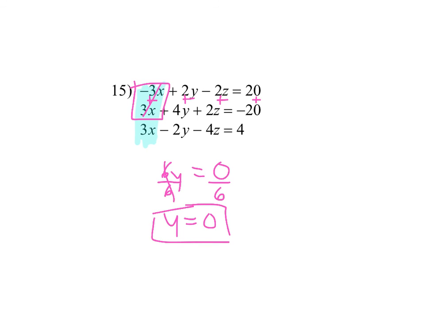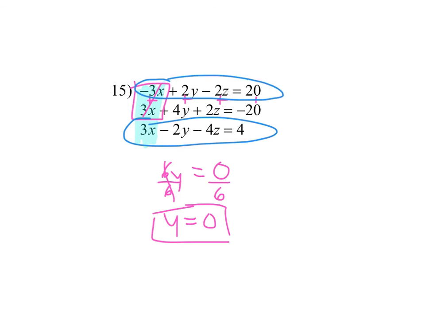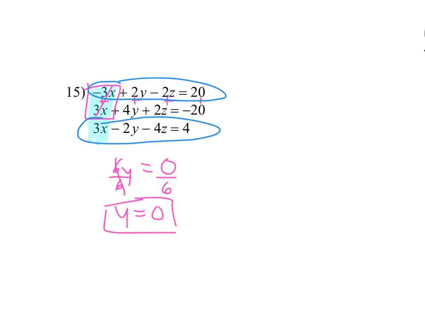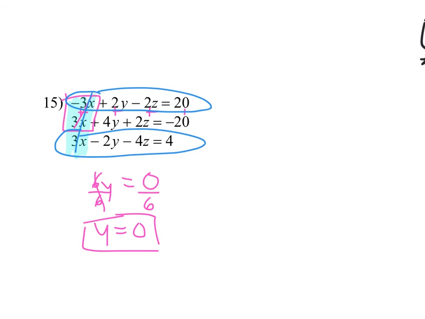Instead of picking the second and third, do we have a better option to pick? Third and first. Perfect. So we're working with this one and this one. We have a negative 3 and a positive 3, so we can go ahead and combine. Our x's cancel. What's 2y minus 2y? 0.